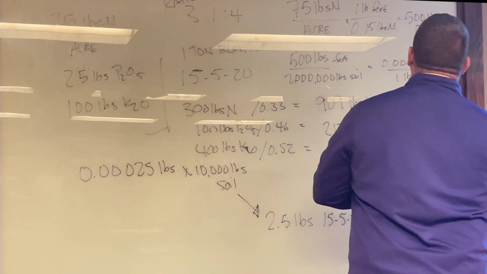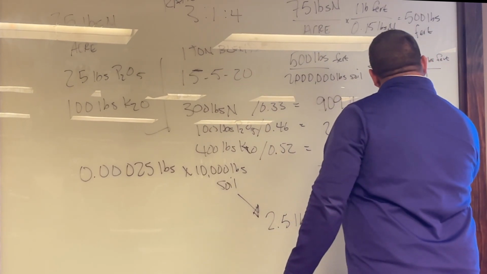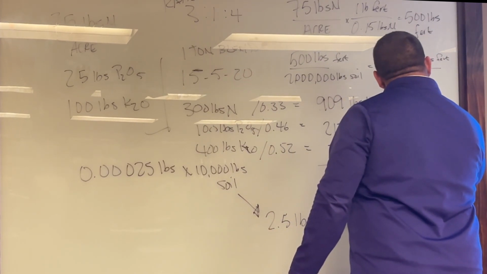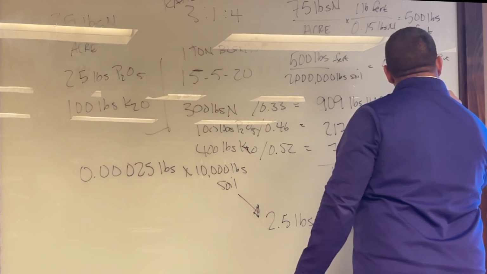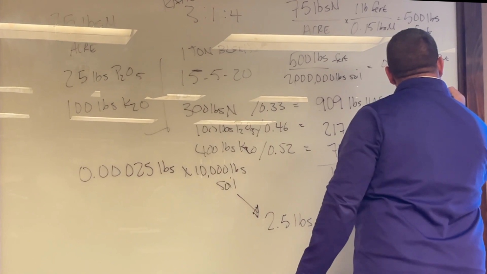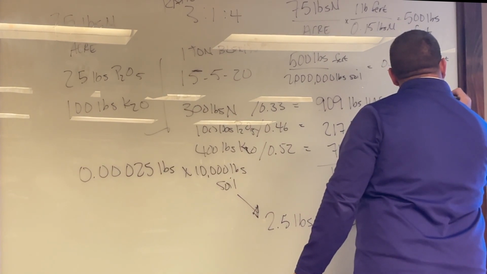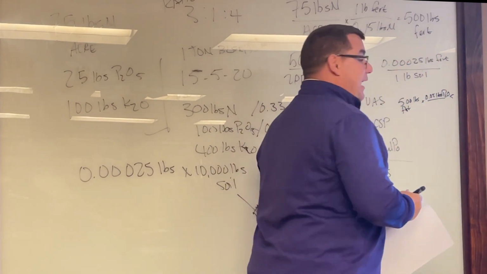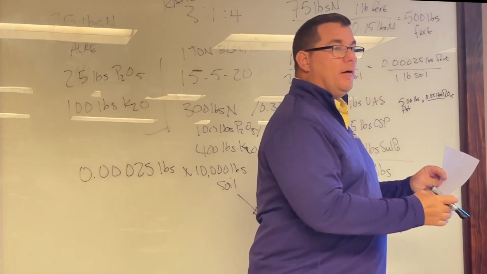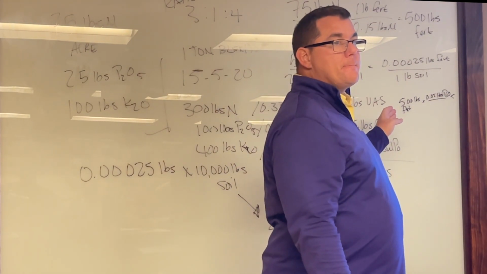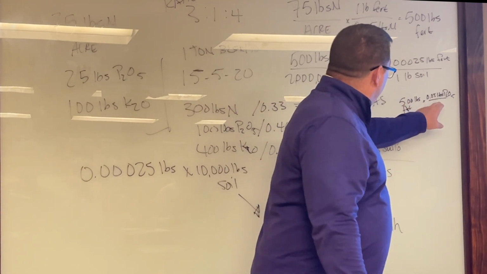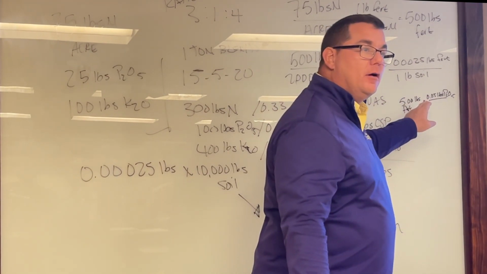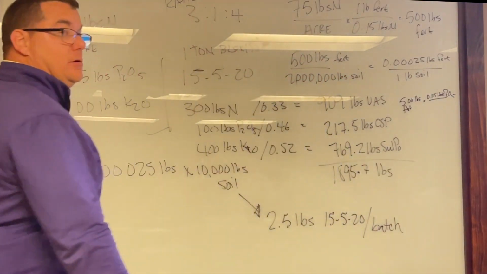We know that in 500 pounds of fertilizer, there are 0.05 pounds of P2O5 per pound of soil. So 500 times 0.05 pounds P2O5 is 25. 25.